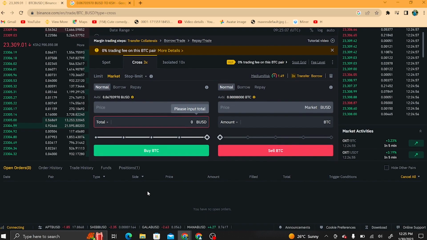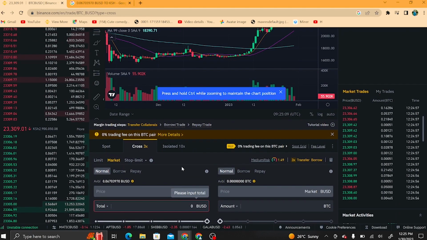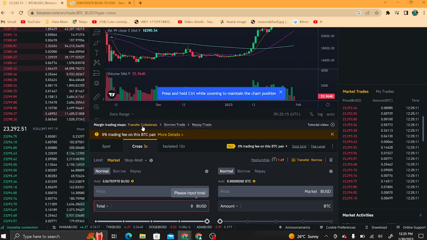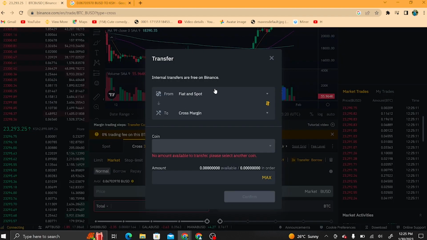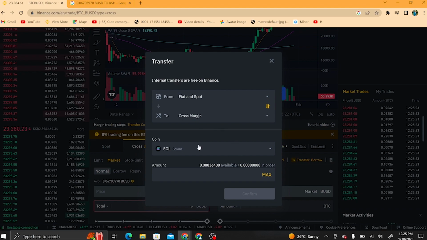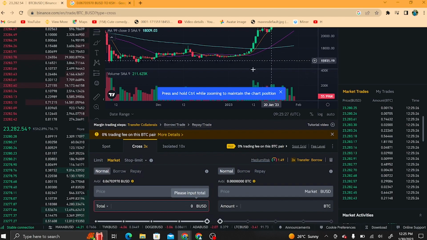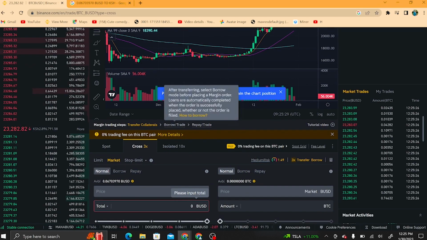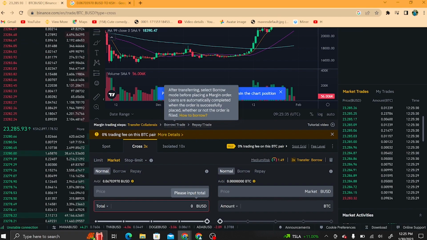Because you don't have enough money, you have to transfer the collateral. You have to have at least some amount of money to come here and trade, so you click transfer. If you have money in fiat, you transfer it to the cross margin, and then you can borrow an amount of money. On the borrow tab, after transferring, select borrow mode before placing a margin order. Loans are automatically completed when the order is successfully placed.